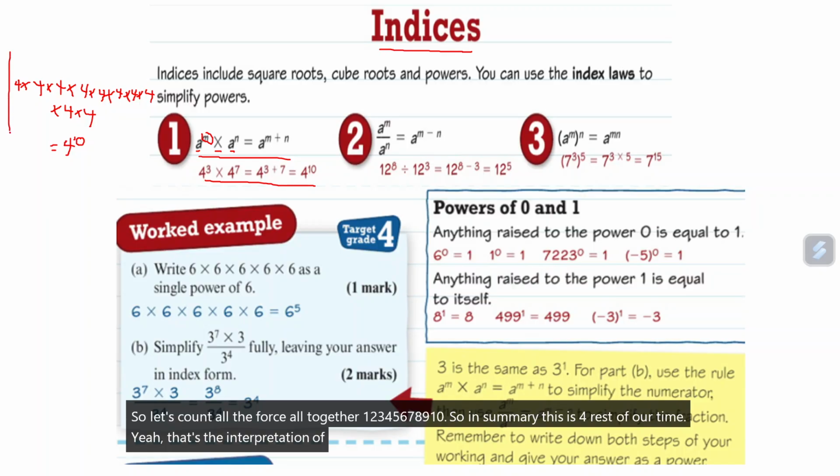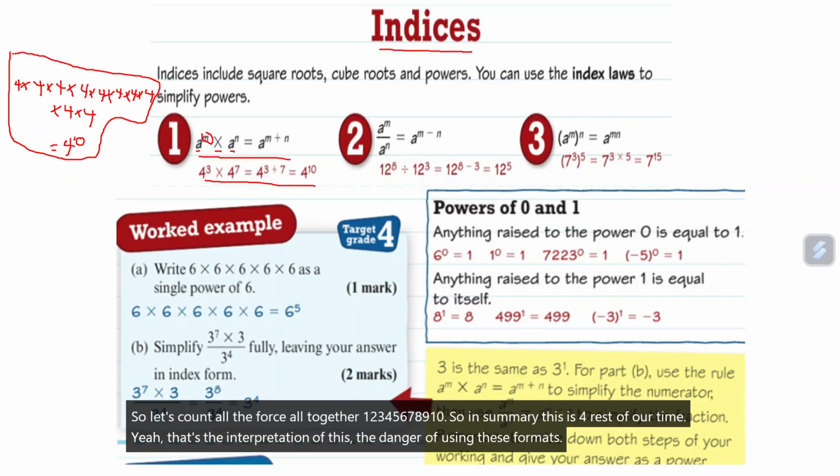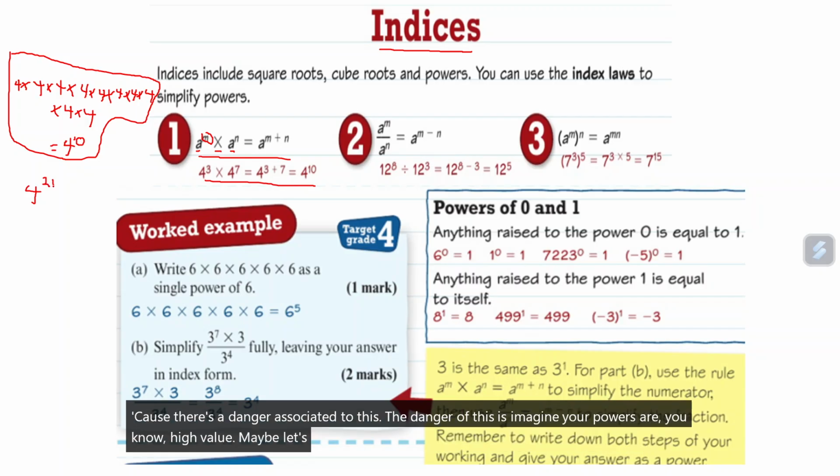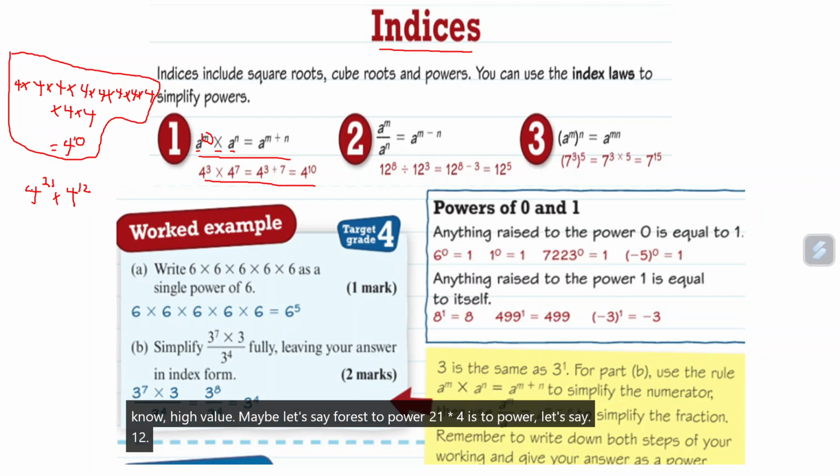The danger of using this format, because there's danger associated to this, is imagine your powers are of high value, let's say 4 raised to power 21 times 4 raised to power 12.